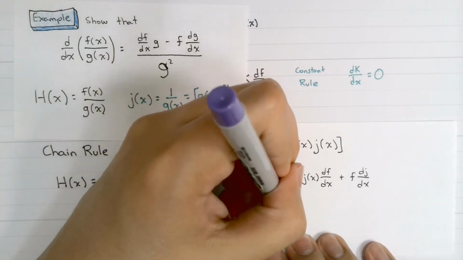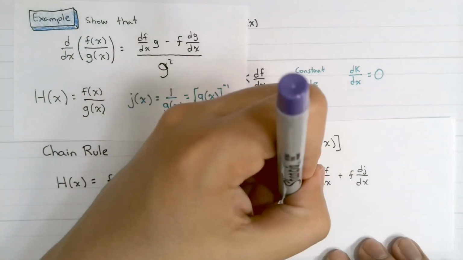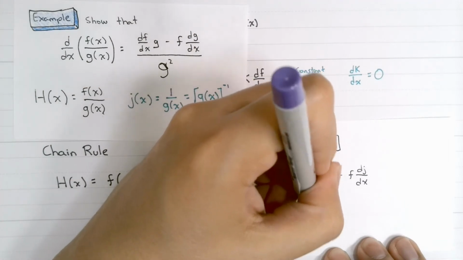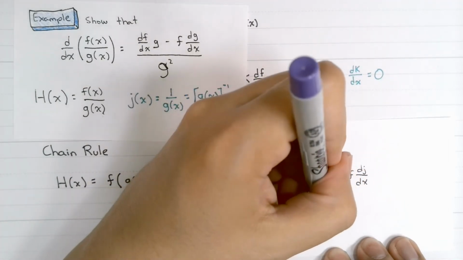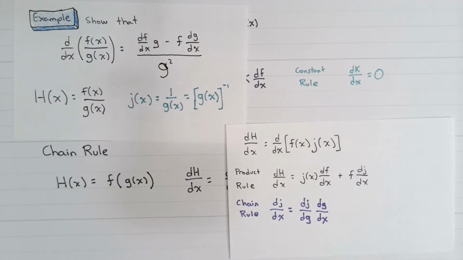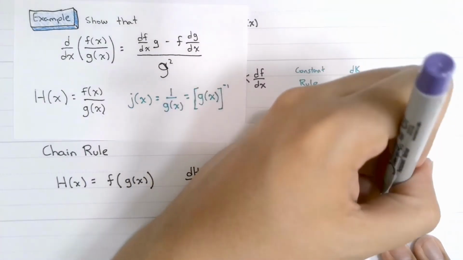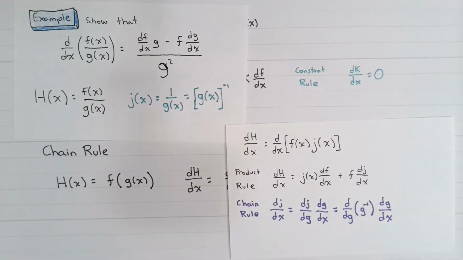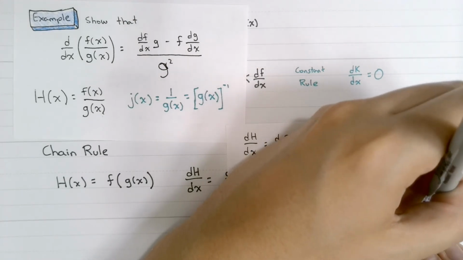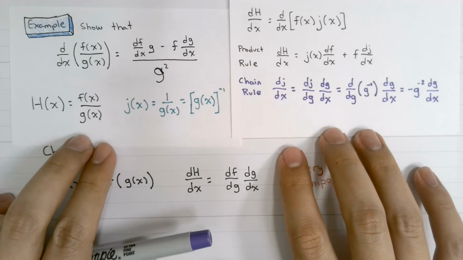Following the chain rule, we see that the derivative of j with respect to x is equal to the derivative of j with respect to g times the derivative of g with respect to x. And of course, the derivative of j with respect to g is simply the derivative of g to the power of -1 with respect to g. This gives us negative g to the power of -2 times dg over dx.